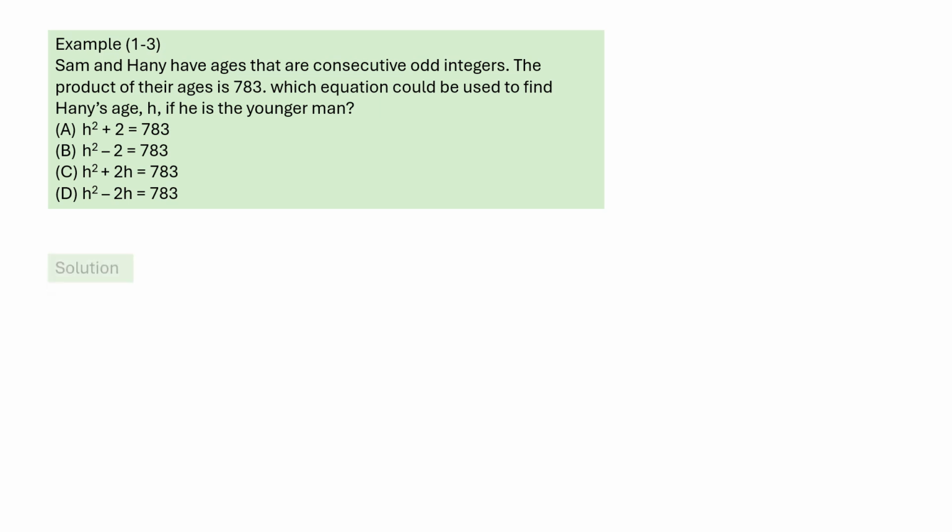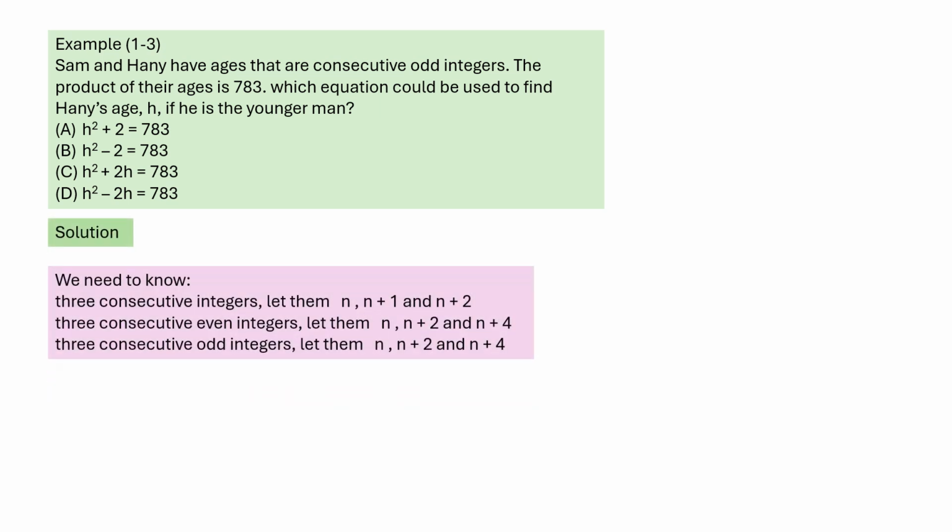Let us go to the solution. We need to know that if the question starts with 3 consecutive integers, let them be n, n plus 1 and n plus 2, because you add 1 each time. For 3 consecutive even integers, let them be n, n plus 2, n plus 4, because we add 2 each time.